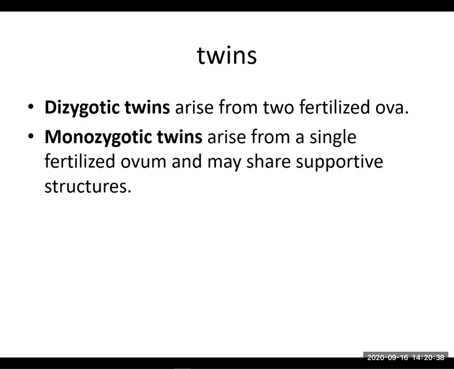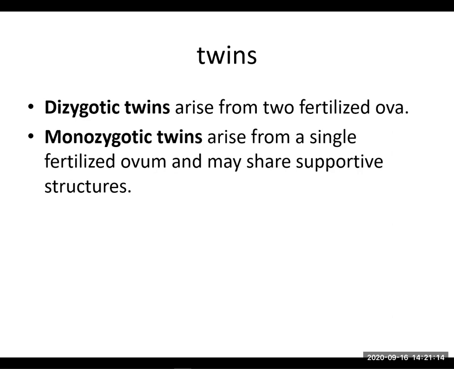They develop together within the same womb, but not the same environment, because they will have different placentas; they probably implant at different locations in the uterus. So they will be different. It's called dizygotic twins, di meaning two.